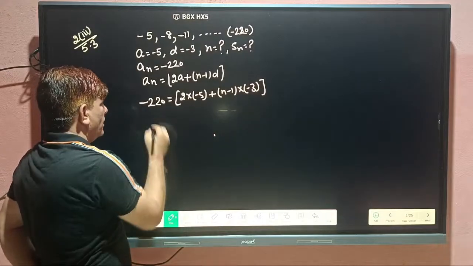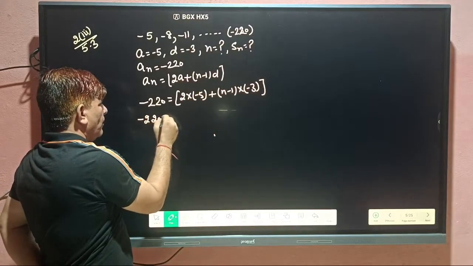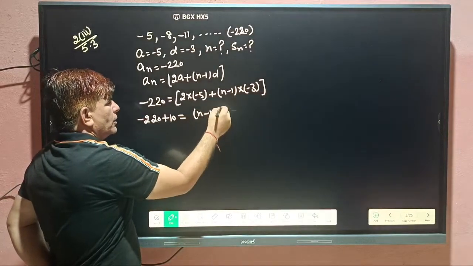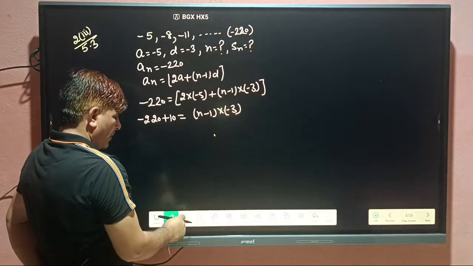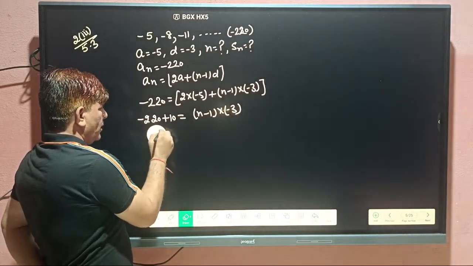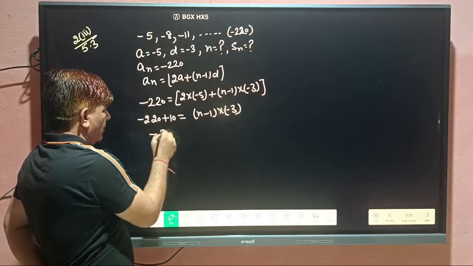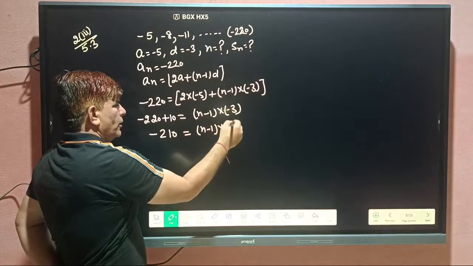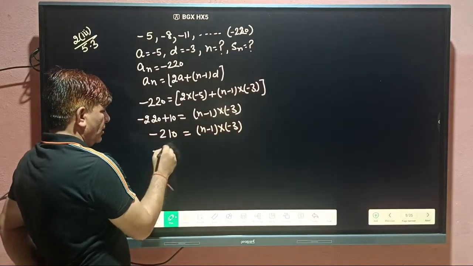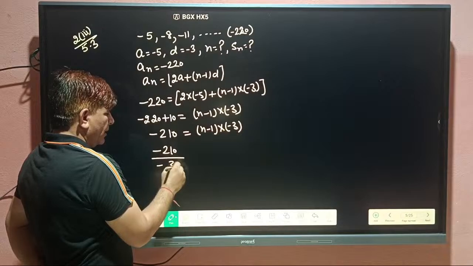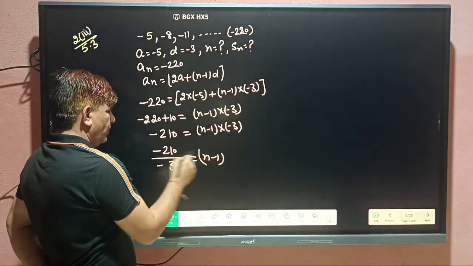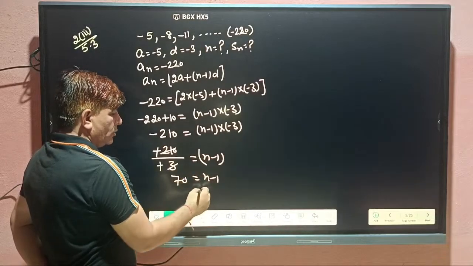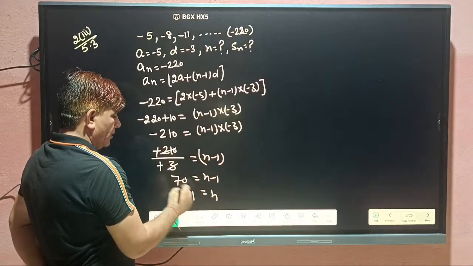Transfer this to this side: minus 220 plus 10 equal to (n minus 1) into minus 3. Yes or no? How much is left? Minus 210. Minus 210 equal to (n minus 1) into minus 3. Transfer to this side: minus 210 by minus 3 equal to n minus 1. This cancels this. It's 70 equal to n minus 1. So what's your n? 71.